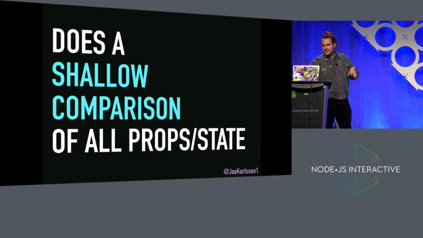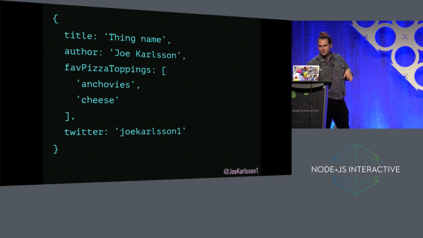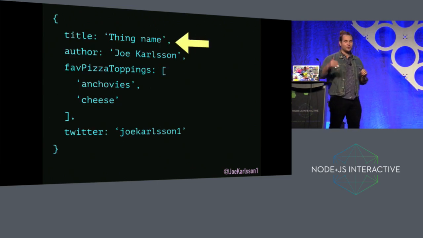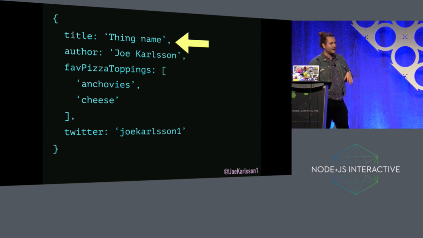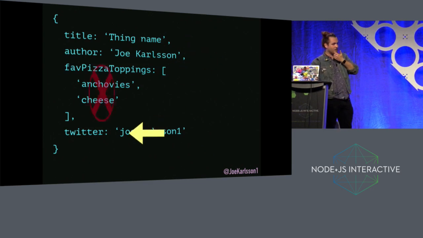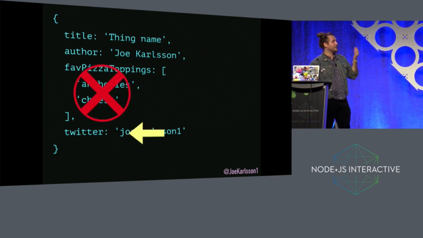If you don't know what a shallow comparison is, that is fine. Basically, a shallow comparison will look at the top layer of an object or an array, and it will not look into deeply nested structures. So for this example, it looks at title, author, and Twitter, but it will not go into favorite pizza toppings. It just skips over it. So it looks at the top level.